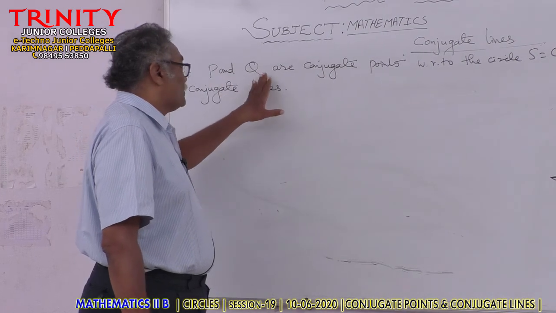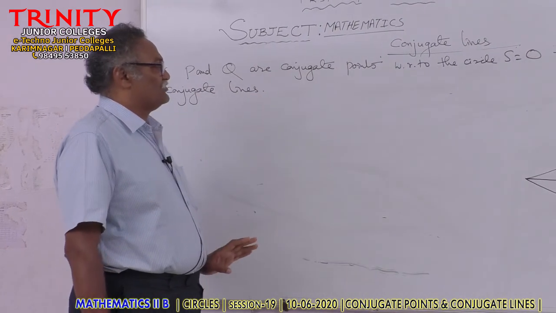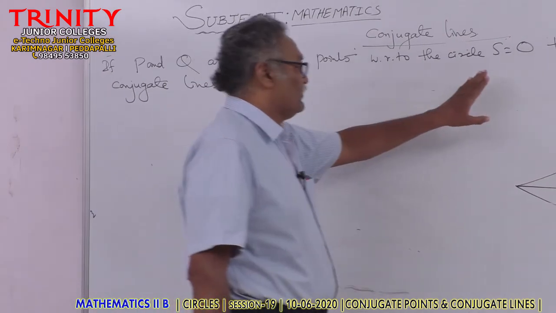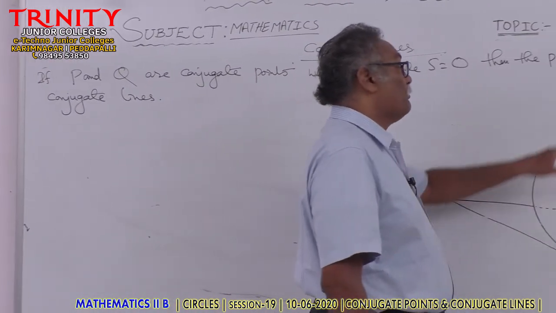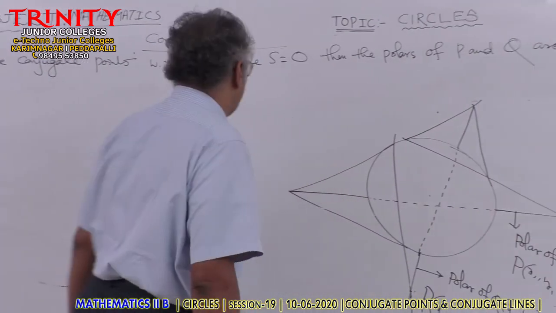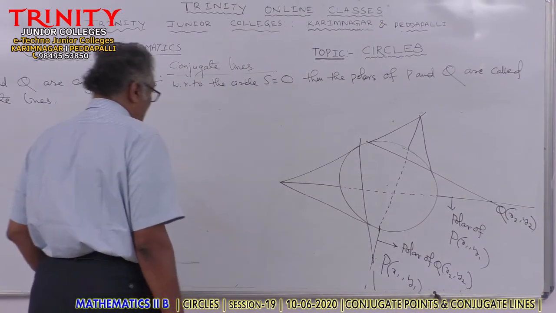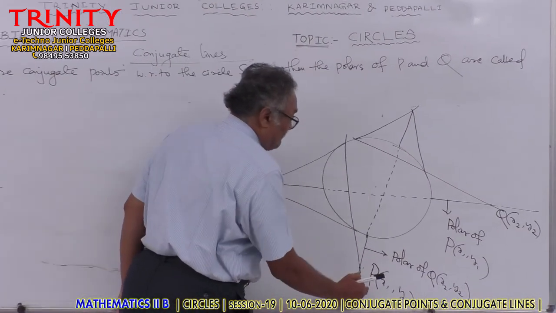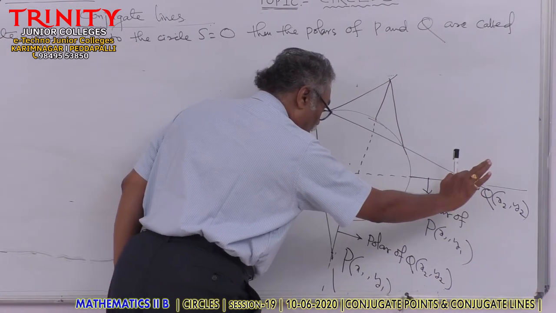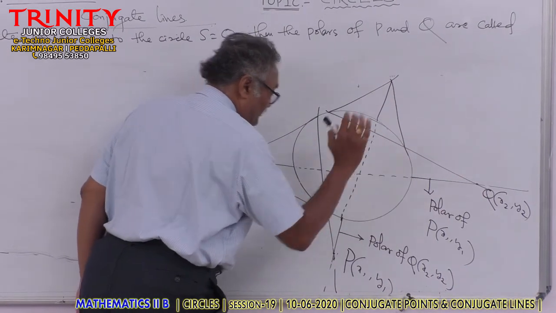Conjugate lines. If P and Q are conjugate points with respect to the circle S equal to 0, then the polars of P and Q are called conjugate lines. See here, P and Q are conjugate points with respect to this circle.